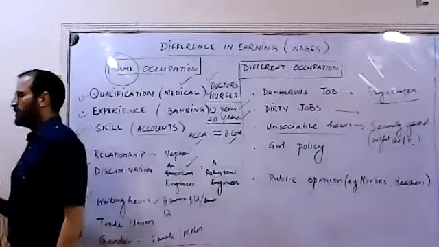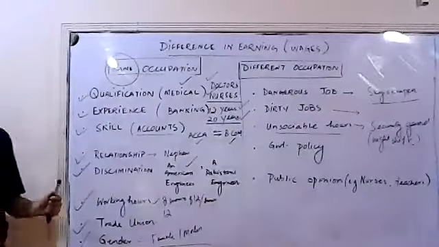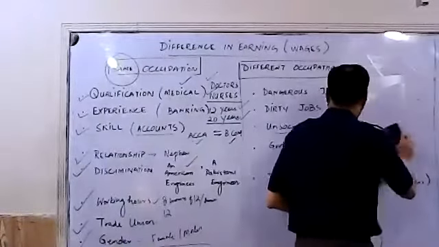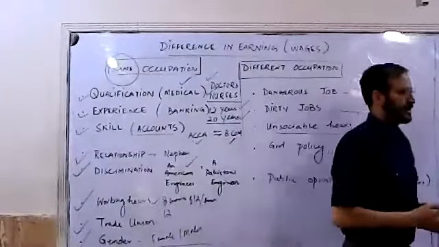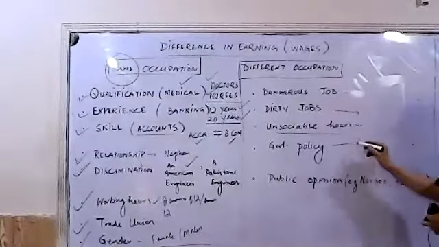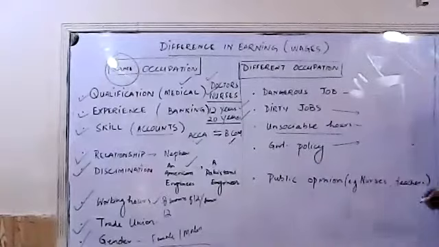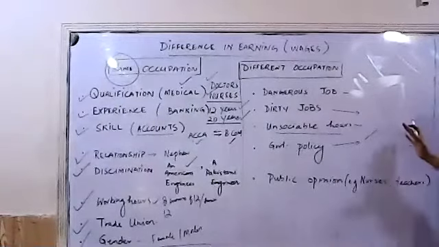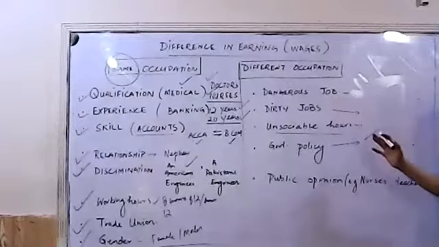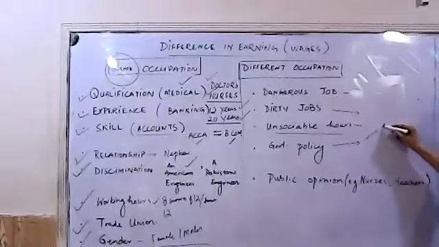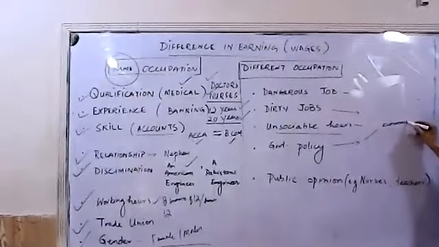Okay, the next point is government policy. This is very interesting and needs a little more explanation. How can government policy affect the wage differences in different occupations? It depends upon the policy of the government. Let's say the government wishes to improve the economic growth of an area of its country.